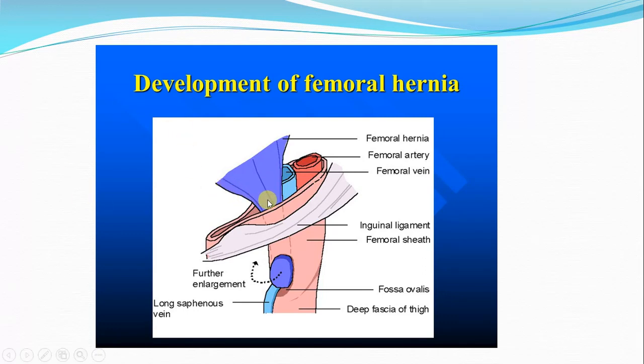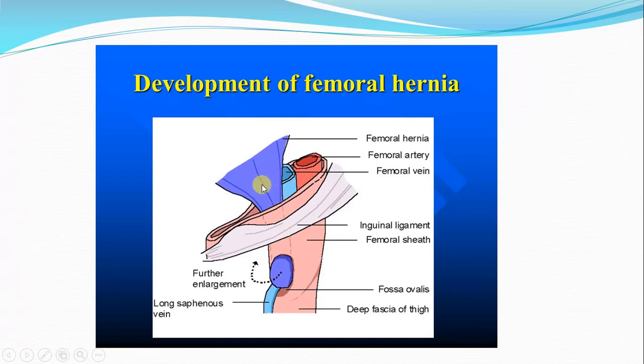There is a space, and there is a tendency for the intra-abdominal organs to come through this canal and come out on the upper part of the medial side of the thigh, below the inguinal ligament. If organs, such as the small intestine in the abdomen, come through this canal into the thigh, it means a herniation of the contents of the abdomen into the thigh.